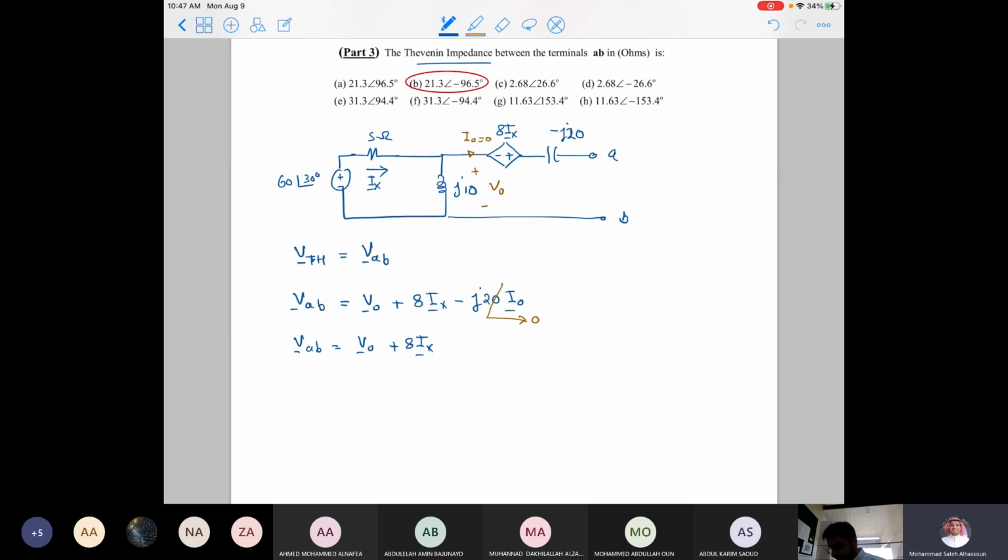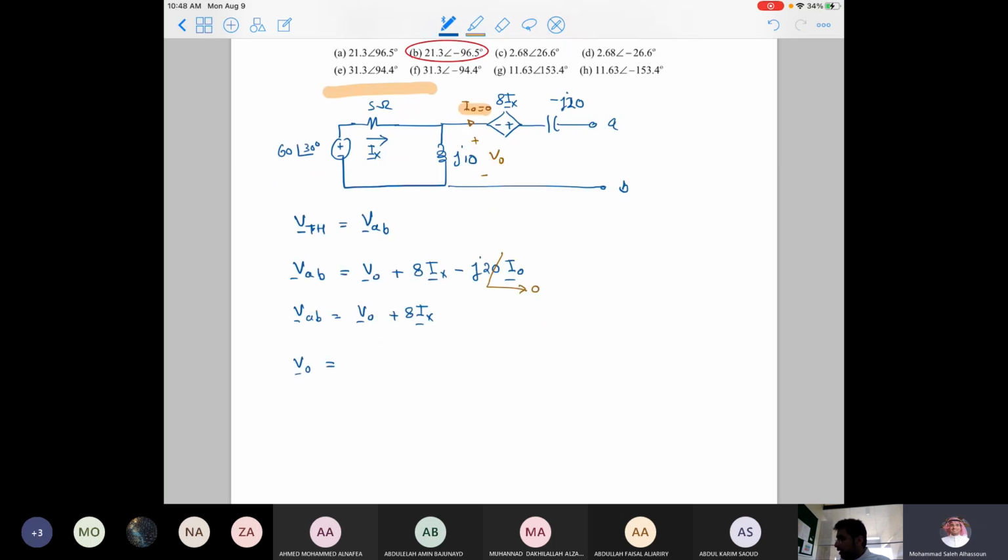So what is V0? What is V0 here? You can use KVL on the other loop. Not really. You can do it directly. Oh, use voltage divider? Yes, I'm going to use voltage divider because here this current is 0. So technically this circuit is separated from that circuit.